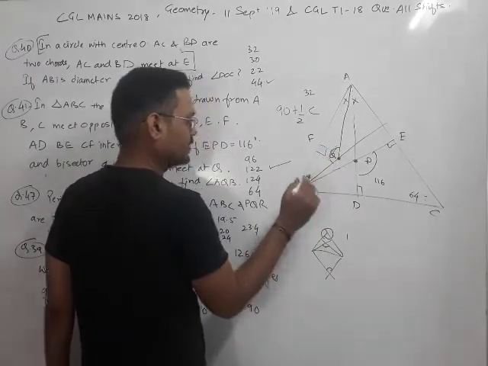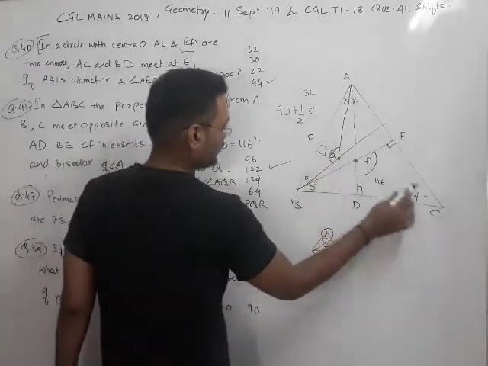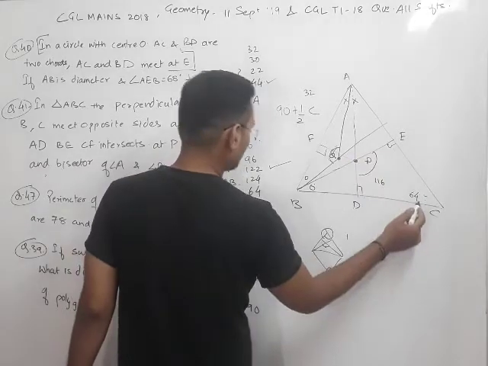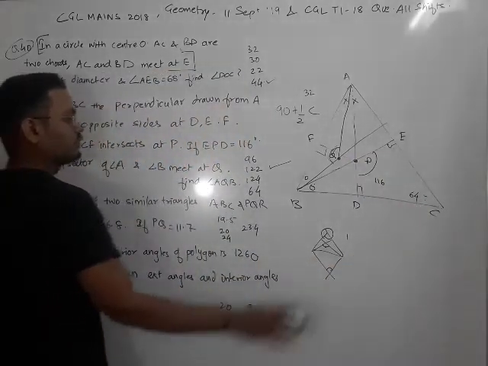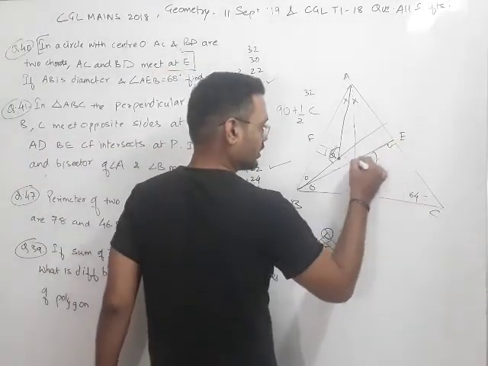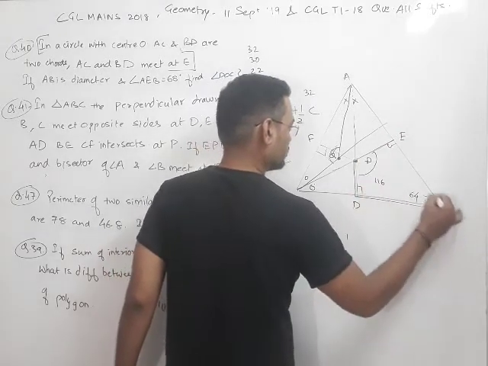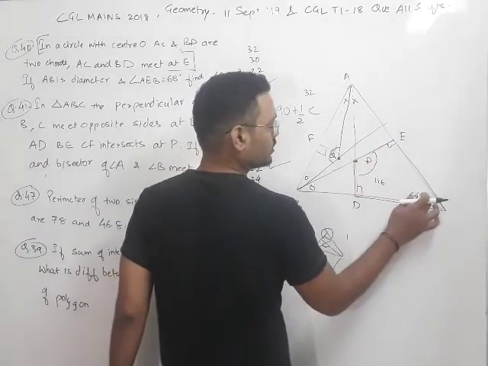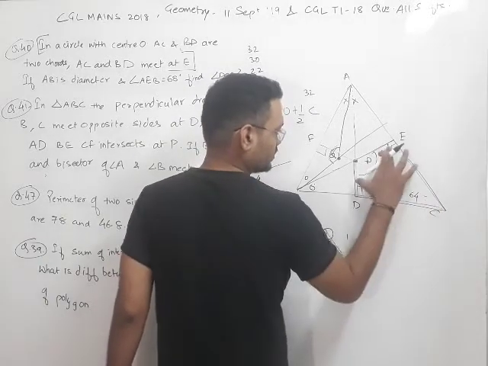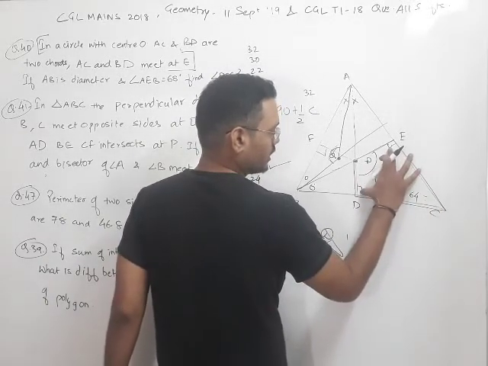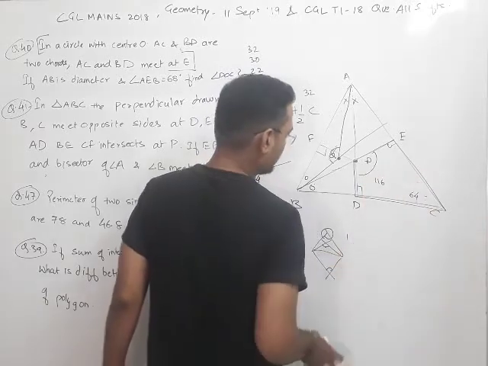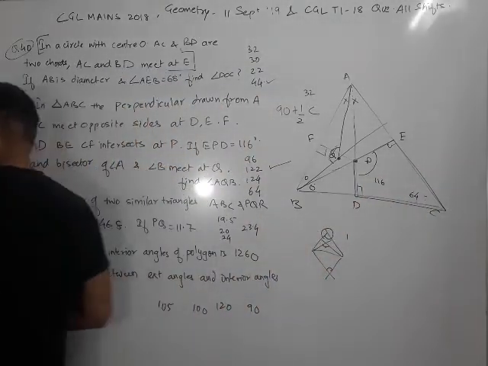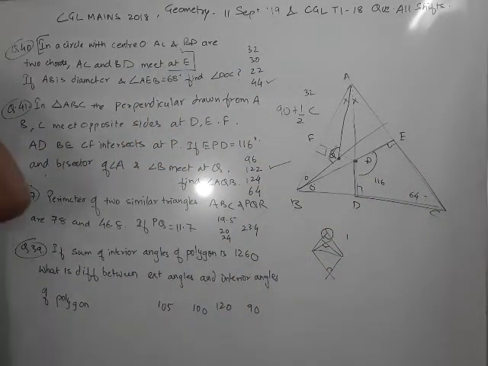So the same angle bisector property: this angle is 90 plus half of this. That has been used. How will we find this? In this quadrilateral, this is 90, 116, 90. So this will be 360 minus this. Otherwise whenever this becomes 180, this also has to be 180. So you can directly find this. Okay. Let's move on to the next one. Can you take a screenshot? I will clear that.